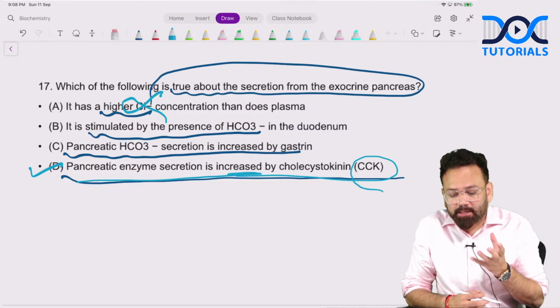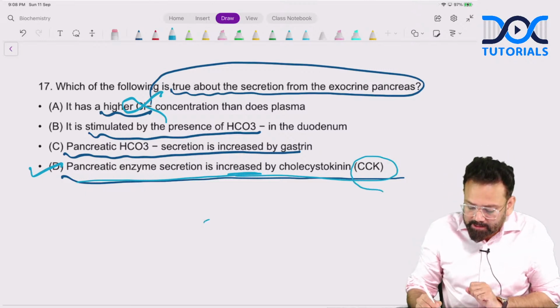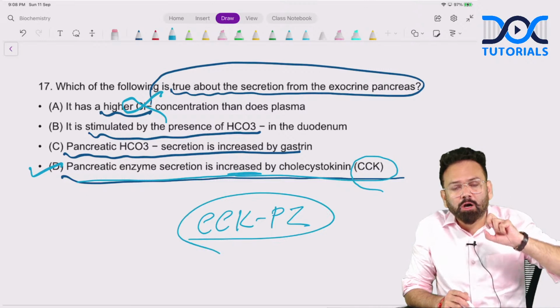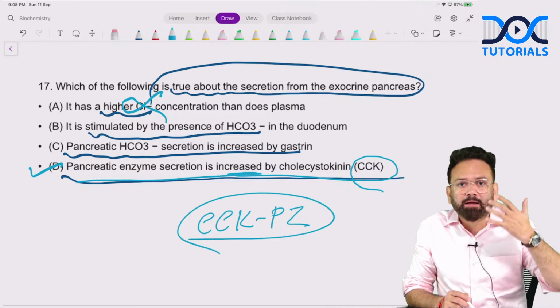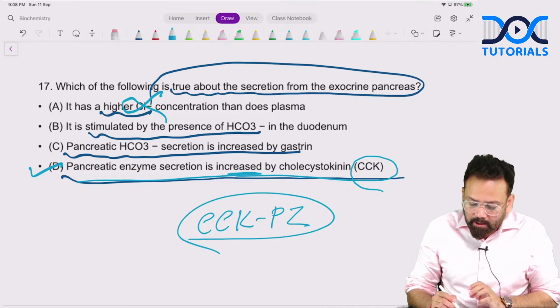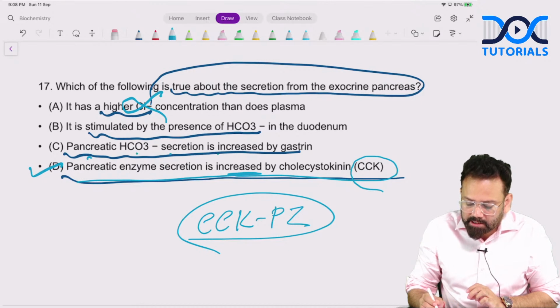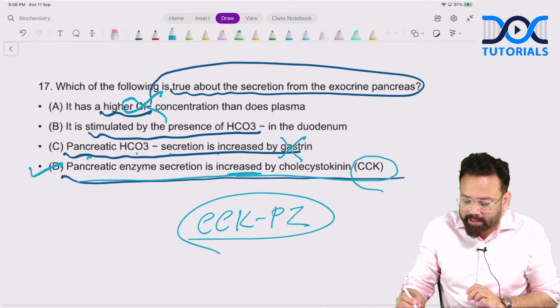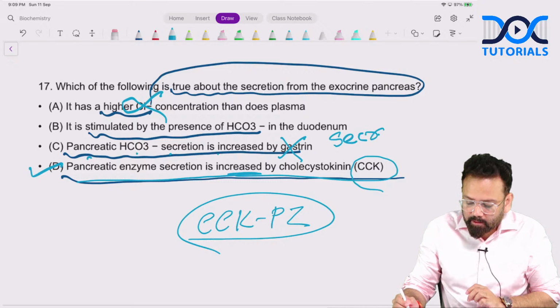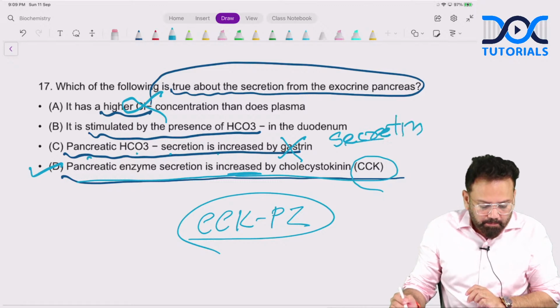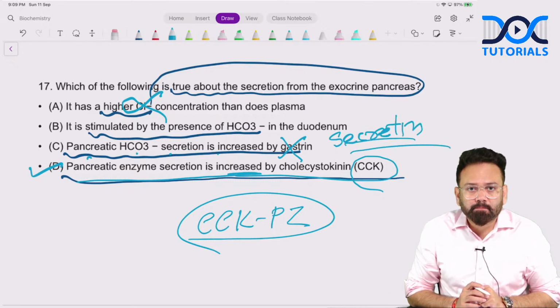The name is suggesting it. It causes contraction of the gallbladder and increased pancreatic secretion. And is pancreatic bicarbonate secretion increased by gastrin? No, by secretin. Keep on revising your notes.